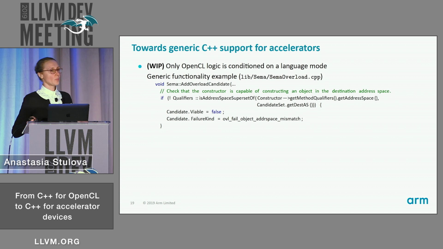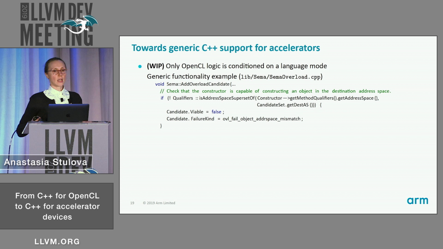So when we implemented OpenCL functionality in C++ mode, we tried to generalize the logic as much as possible. Whenever there was something that doesn't actually require an OpenCL check and OpenCL specific behavior, we would implement it just as a general C++ feature. Here is one example. If we are adding an overload candidate for constructors, we are going to check whether the address space of the constructor we are evaluating is compatible with the address space of what is requested in the candidate set.